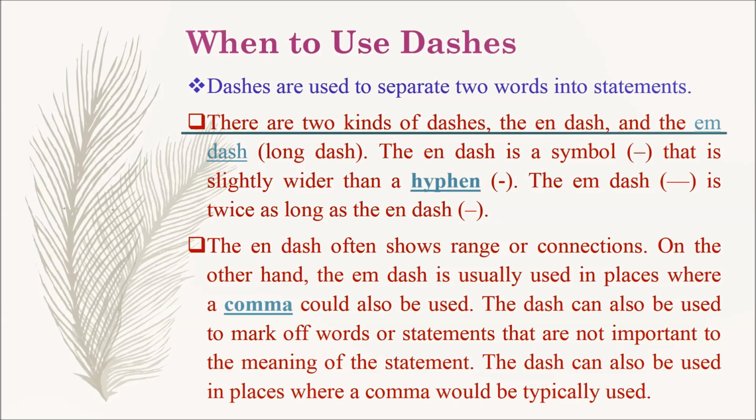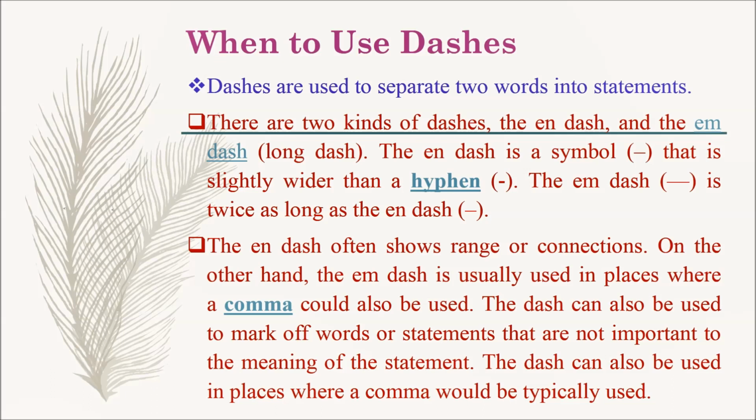The M dash is twice as long as the N dash. The N dash often shows range or connections. On the other hand, the M dash is usually used in places where a comma could also be used.